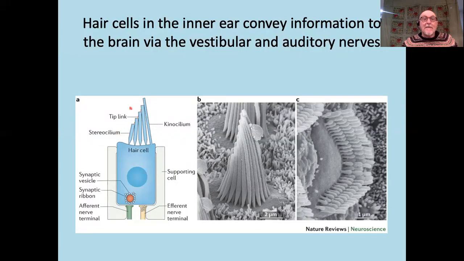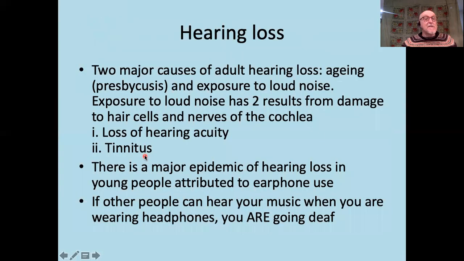The cilia on the cells actually break off, and the hair cell becomes so damaged that it can no longer perceive sound. And two things can result from this. The first is just loss of hearing acuity. You just become deaf. You can't respond to sound anymore.